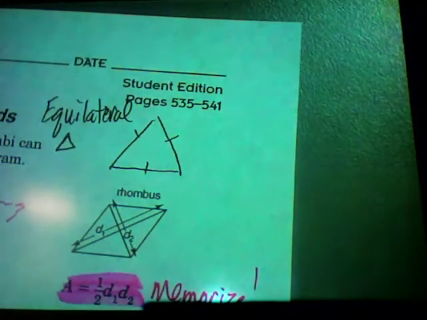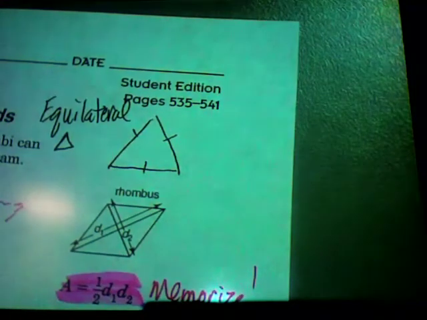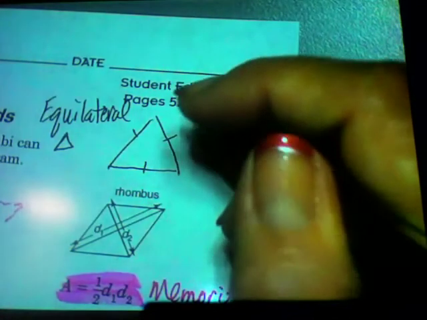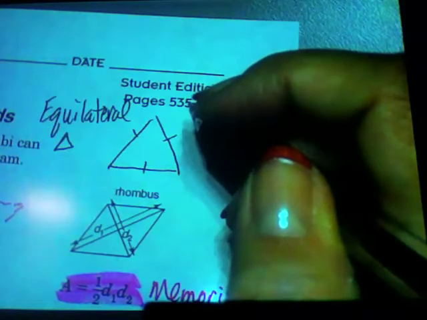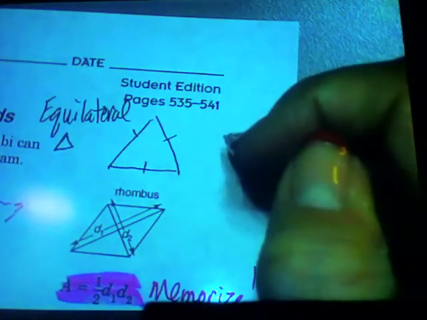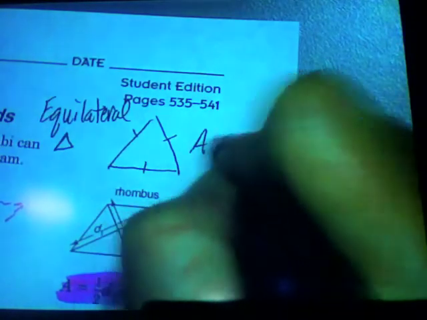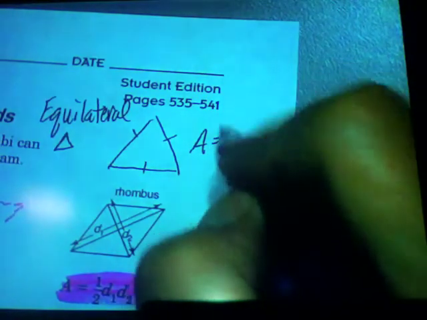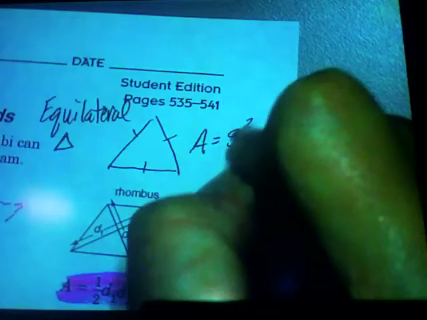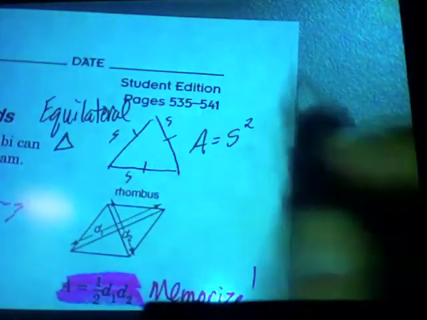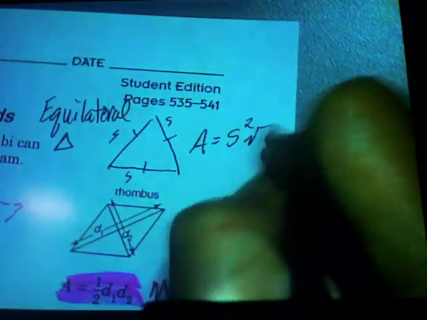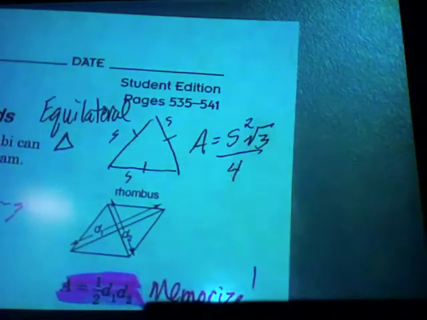However, as you're going to find out later, they don't always give you the height of that equilateral triangle. And we can find it, but you're going to see that there's a harder way that you could do this versus an easier way. So I'm going to go ahead and give you the following formula. And I would study it if I were you. So S squared, meaning side. So the side lengths, this is S, and this is S. S squared times the square root of 3 all over 4.